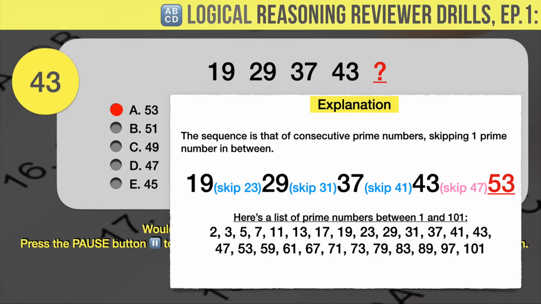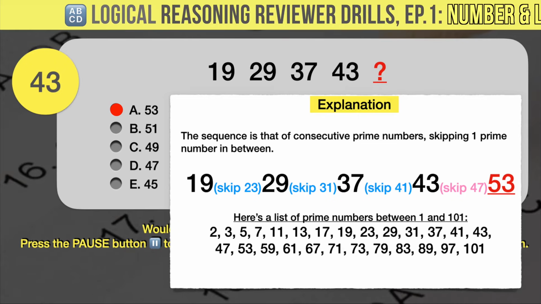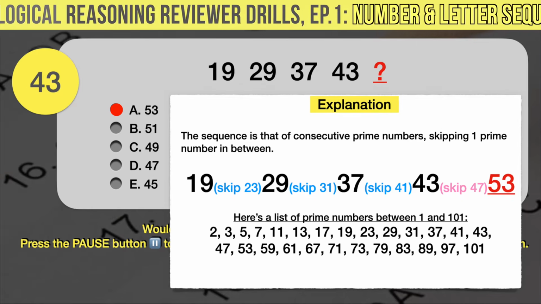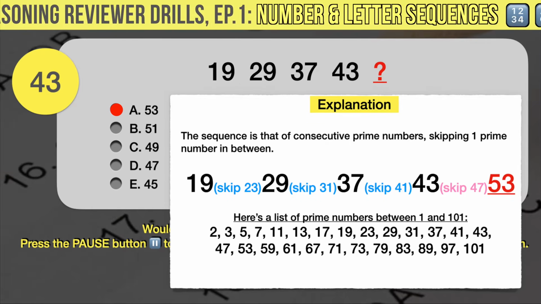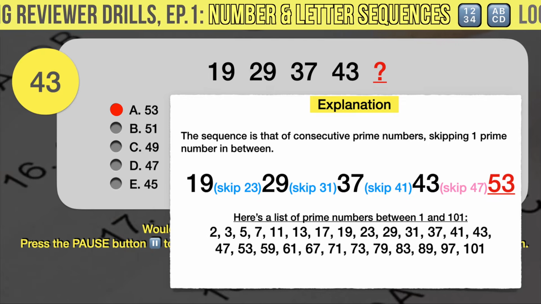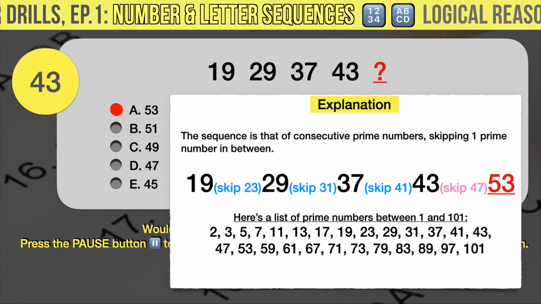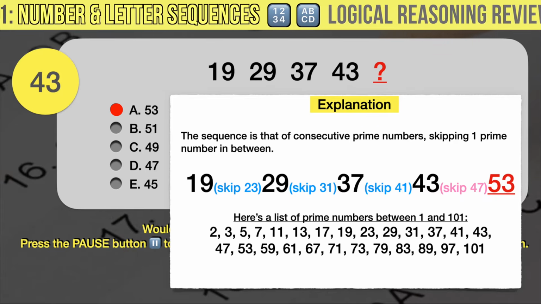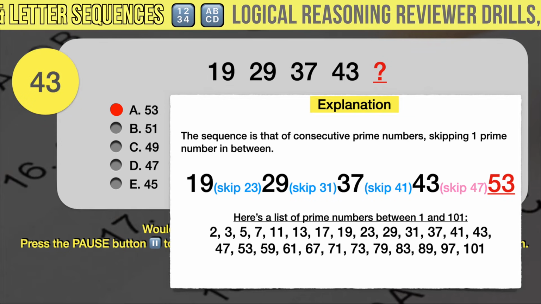Here's a list of prime numbers between 1 and 101: 2, 3, 5, 7, 11, 13, 17, 19, 23, 29, 31, 37, 41, 43, 47, 53, 59, 61, 67, 71, 73, 79, 83, 89, 97, and 101.